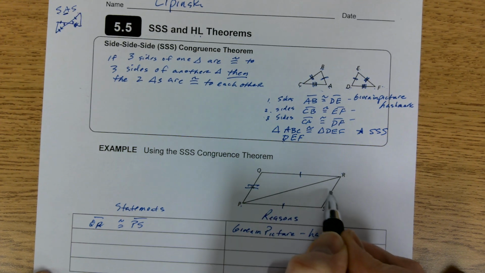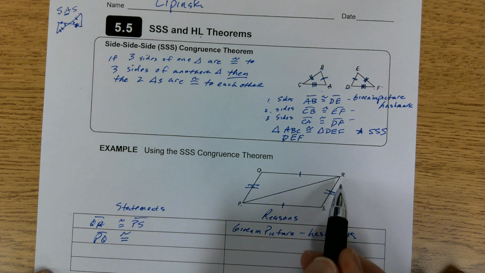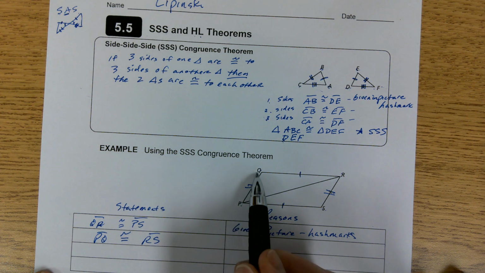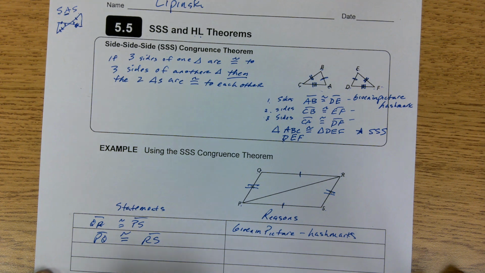Now I've got this pair. So from P to Q and from R to S. Does it matter if I go PQ or QP? Nope. Does it matter if I say RS or SR? Nope, it's the same segment. Same thing, it's given in the picture with the hash marks.